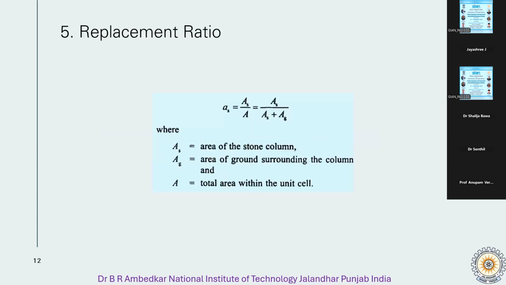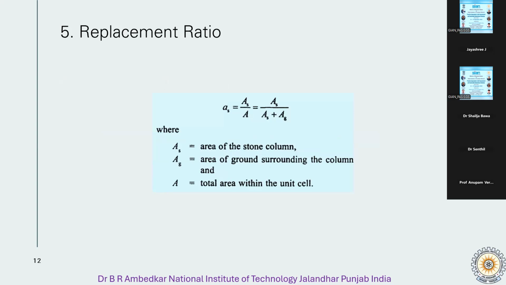Next term that is used is the replacement ratio. Again, to quantify the amount of soil replaced by the stones, we use the term replacement ratio. Generally it is AS upon A, meaning area of the stone column upon the total area within the unit cell.